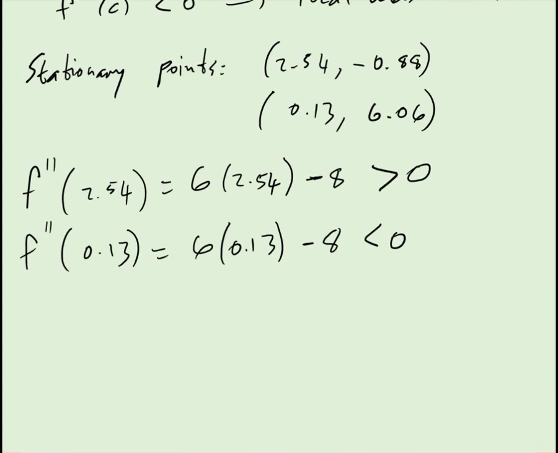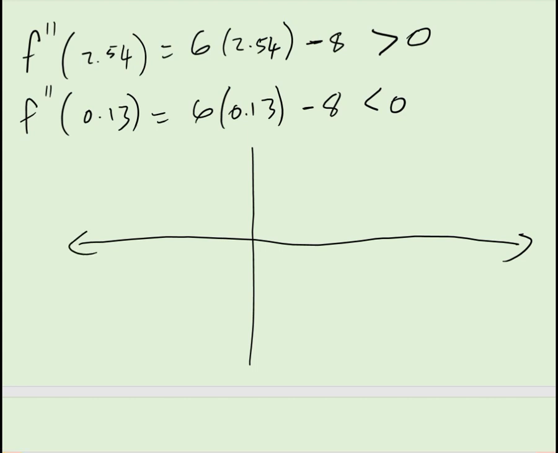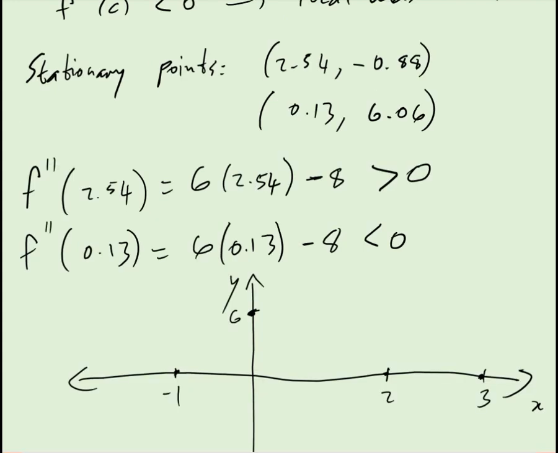And let's actually re-sketch the graph, maybe bigger and better now. So the x-intercepts were -1, 2, and 3. The y-intercept was at 6. So we know our graph goes through there. And then the stationary points, 2.54 and -0.88, so that's about here.